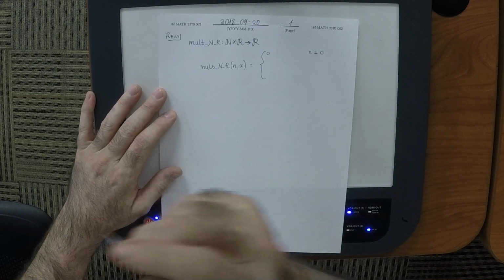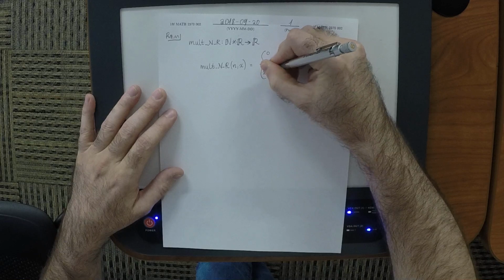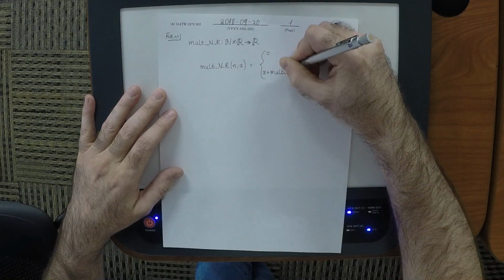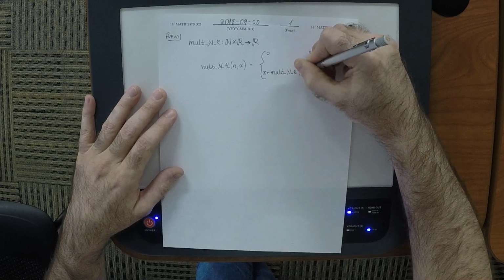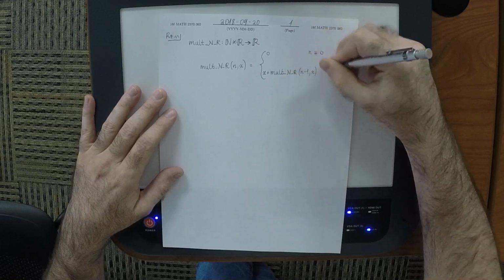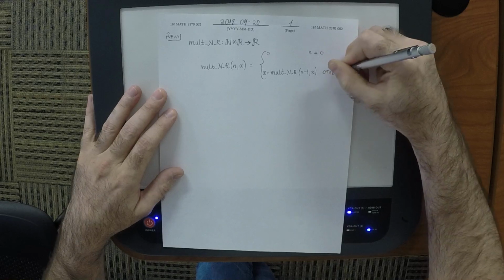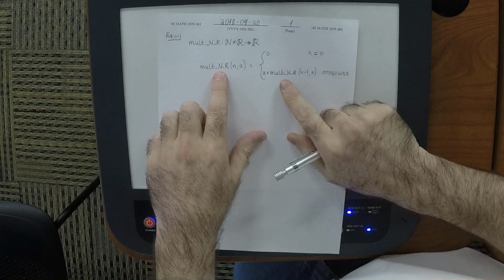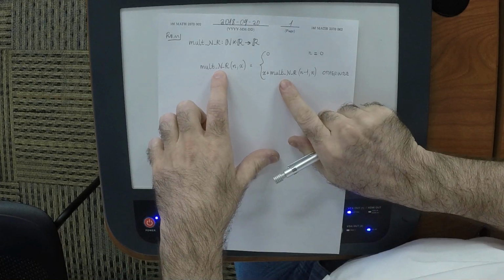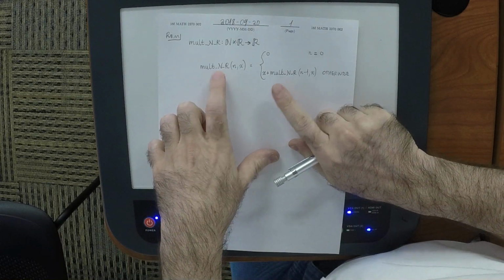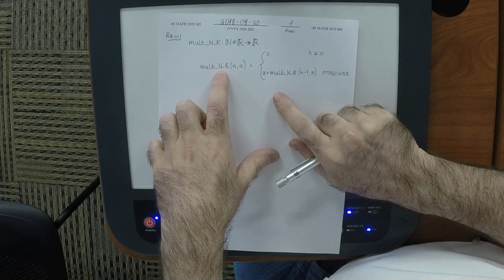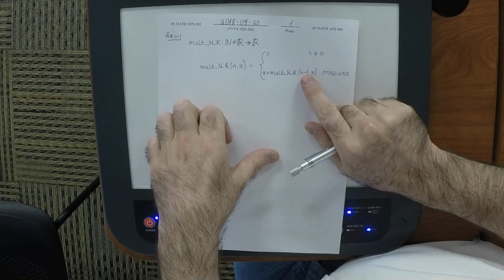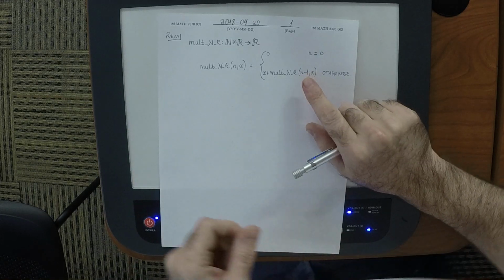And then otherwise, the answer is going to be x plus mult in R of n minus 1 and x. And this is just encoding the thing that you already know. If I was asking you to calculate 5x, well, that's x plus 4x's. That's what that's saying.